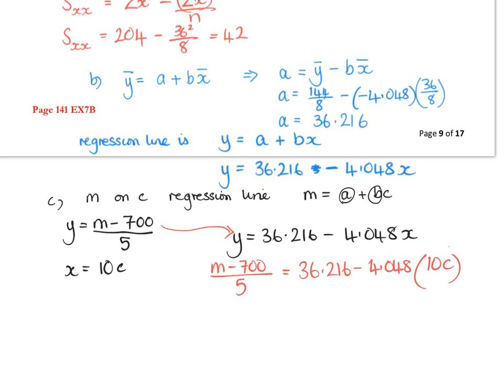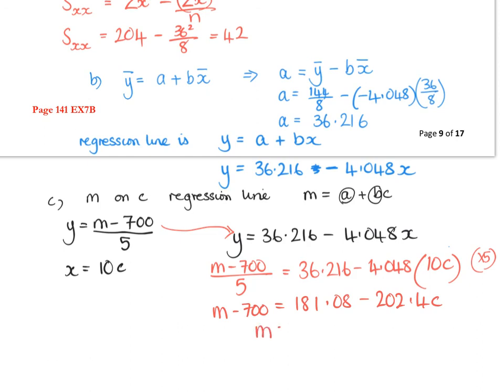Right, if we multiply everything by 5, simply because we've got a 5 here, we want to try and get rid of that, and that becomes m minus 700 is equal to 181.08 minus 202.4c.